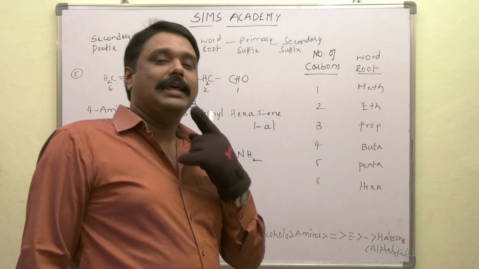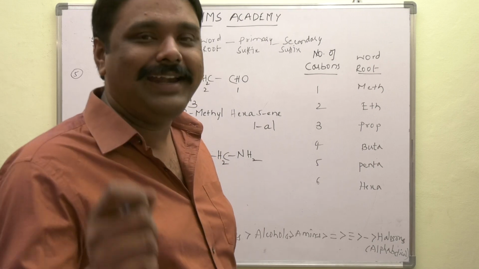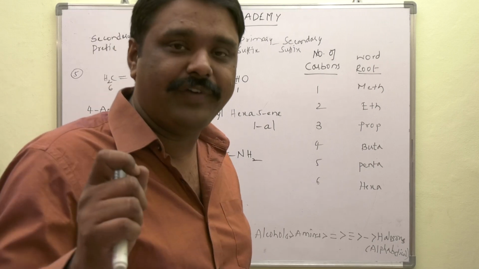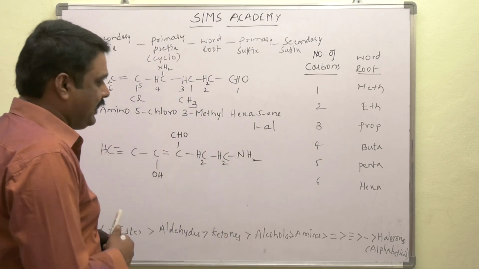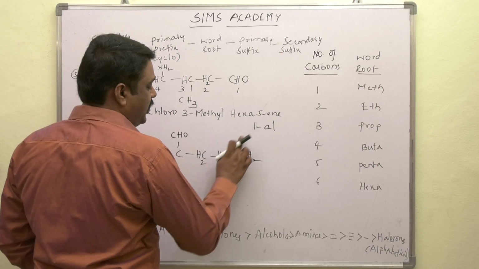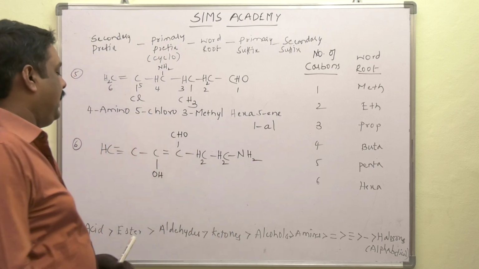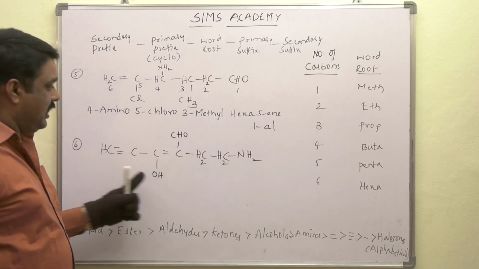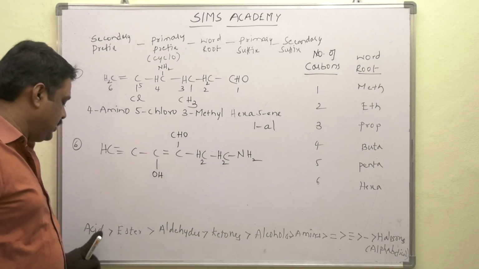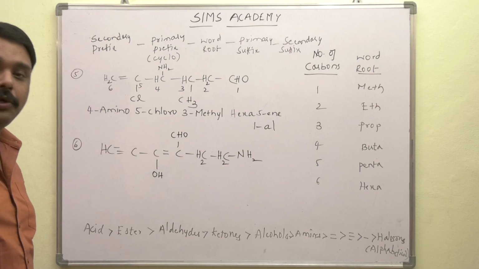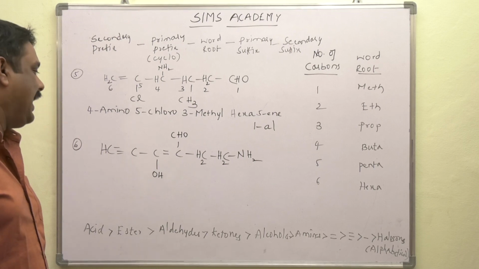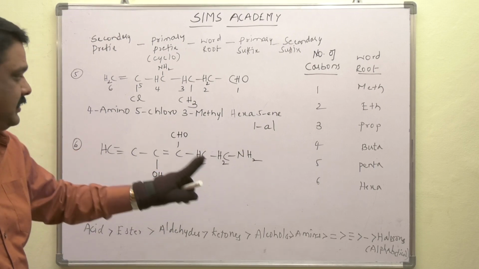No. Why? Because that functional group did not contain carbon as one of its atoms. Now, we should not include this nitrogen, that NH2 group, in the parent chain. And first of all, we have 3 functional groups. In the priority order of the functional groups, we need to check which one needs to be given the first priority among aldehydes, alcohols and amines.